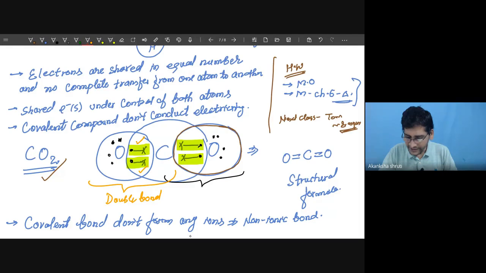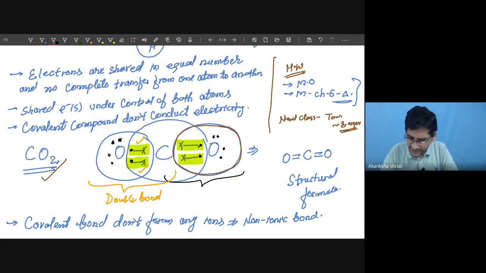Again, considering the carbon and the oxygen on the right hand side, the bonds formed are 2. So these 2 bonds are also called a double bond. How many pairs of electrons are shared between the particular 2 atoms gives the type of bond.